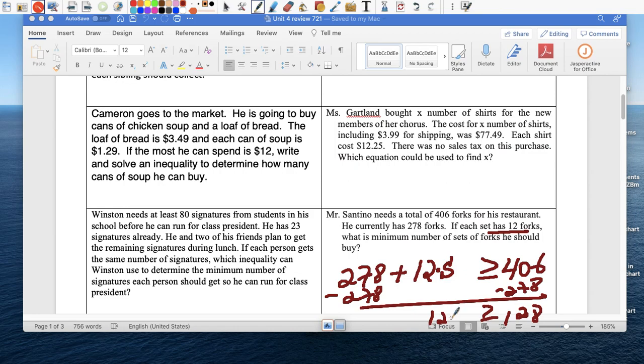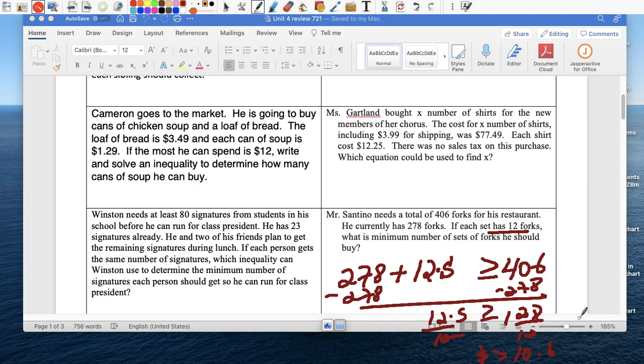So divide both sides by 12. And the number of sets, sorry, that's an S, by the way, is going to be greater than 10.6.